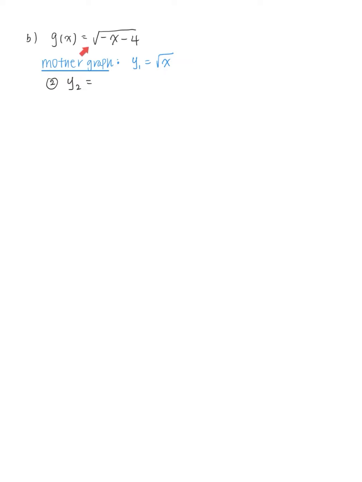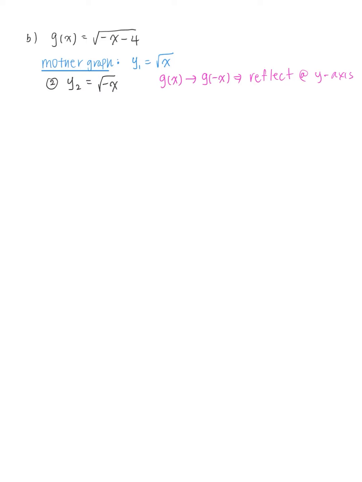Now, if I look at the original g of x, okay, we got square root of x taken care of, but then this guy starts from square root of negative x. So I'm going to take y sub 2 as the square root of negative x for this reason. Now, remember that if you have g of x, then g of negative x, do you remember what to do? You're going to have to reflect the graph about the y-axis.